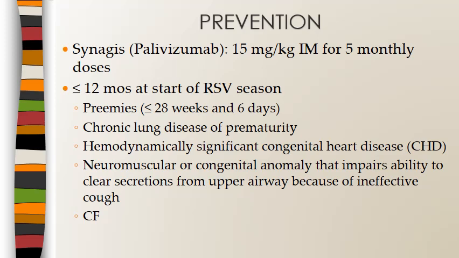I do not want you to memorize these different criteria for receiving it, but I do want you to know what Synagis does and that it is provided to high-risk groups of children.